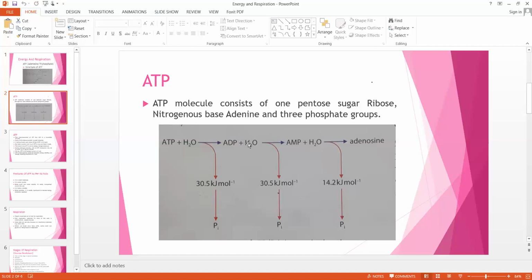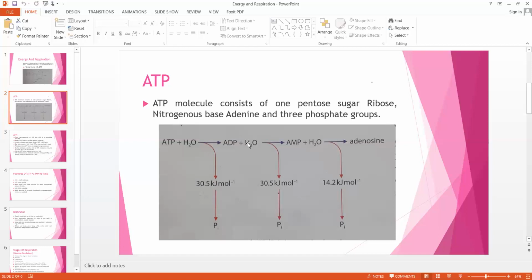Why is it not further hydrolyzed in the cell? Because if we go to the last stage, with adenosine left behind, then when energy is released in the process of respiration and used for the synthesis of ATP, all those processes would have to be repeated, which would be time consuming, and the energy requirement may be very immediate as well.